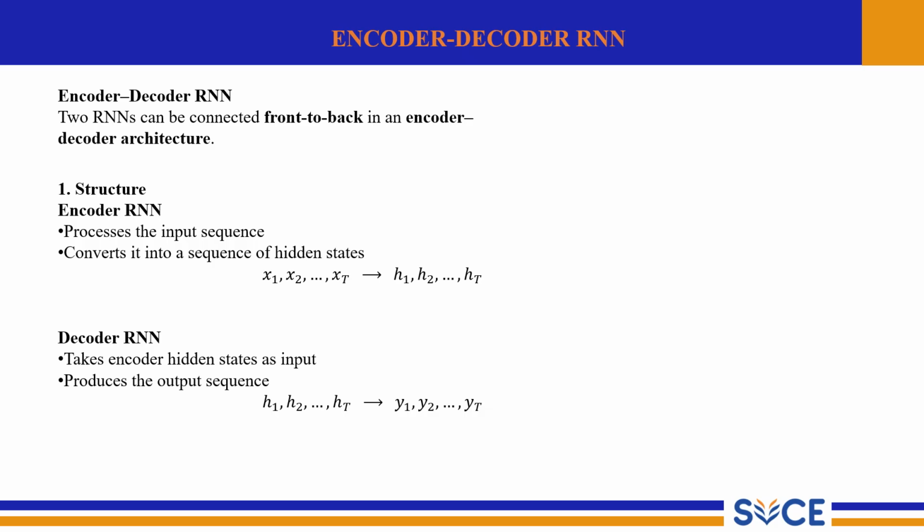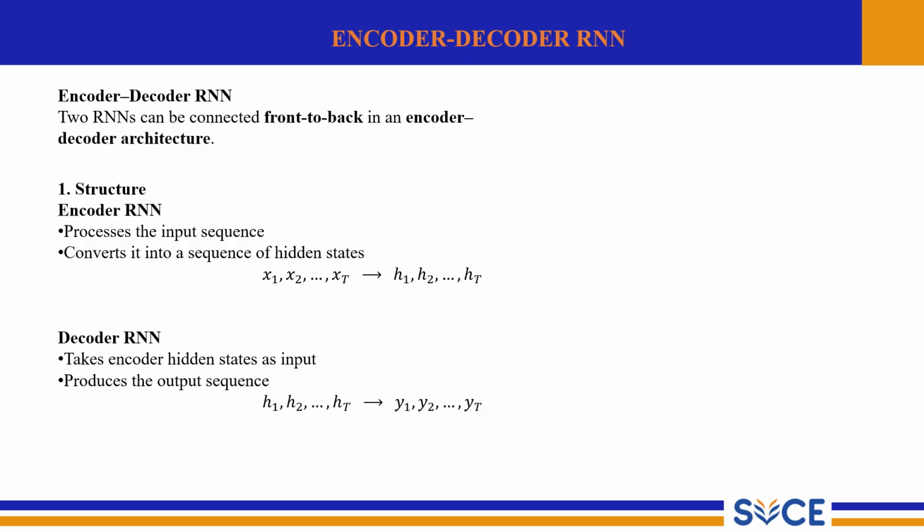Here the decoder uses the encoded information, the hidden states, as a context. It generates each output element sequentially. Each output depends on previously generated output as well as encoded input. So the decoder is responsible for producing the final transformed sequence.